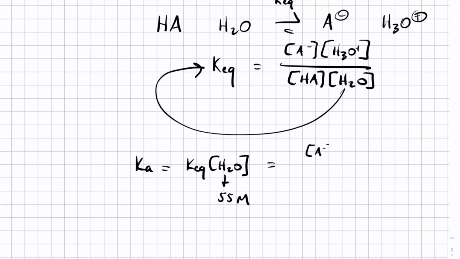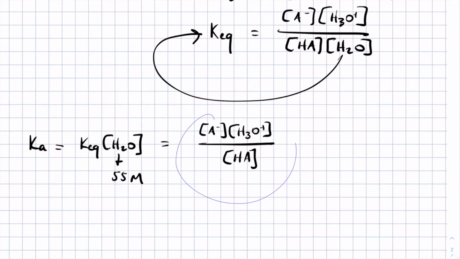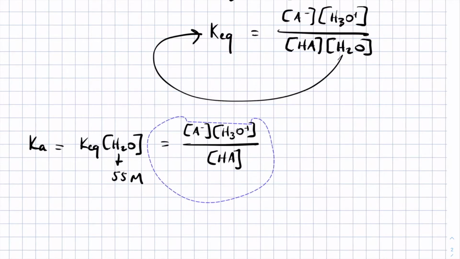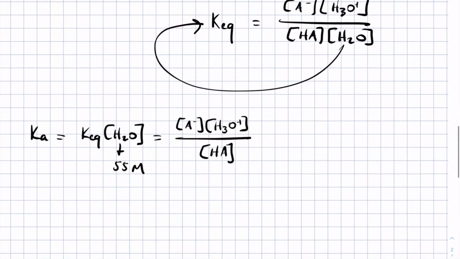And if that makes you uncomfortable, you can remember that these are all just activities anyway, and so any discomfort you may have will be relieved by the activity coefficients, which are important, but in practice we don't worry about them that much.